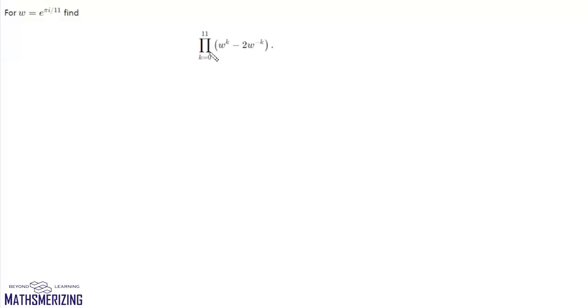K varies from 0 to 11, omega to the power k minus 2 omega to the power minus k. Now we can write this as omega to the power minus k into omega to the power 2k minus 2, where this product varies from 0 to 11.